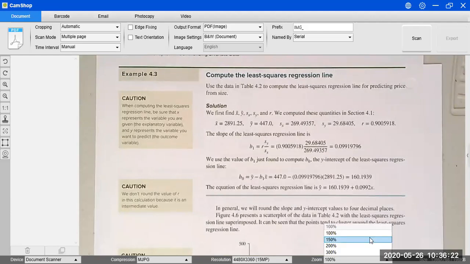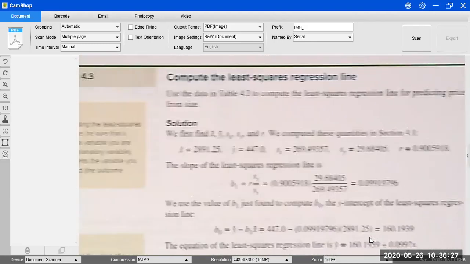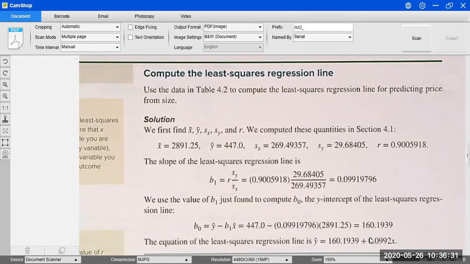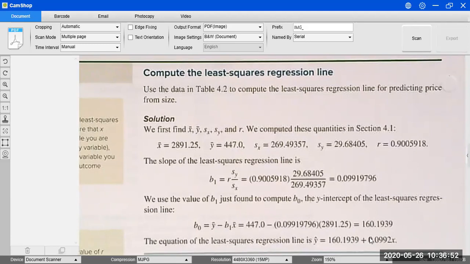So we're going to use the data in table 4.2 to compute the least squares regression line for predicting price from size. So they are talking about the same data set that we used before, the data set that contains the prices of houses based on the square feet of those houses, the size of those houses.